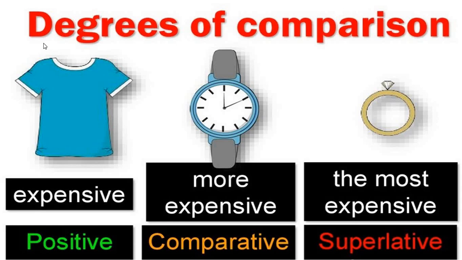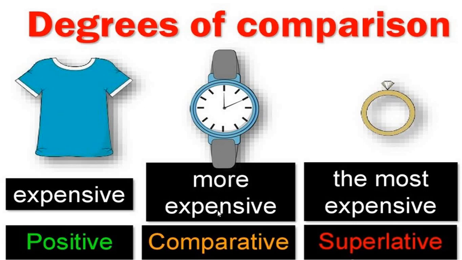Now, they are called degrees of comparison. Okay? What are they called? Degrees of comparison. Suppose this one is expensive. Expensive, you know, which takes more money, costly. Okay? This is expensive. This is more expensive than this. We are comparing between 2.